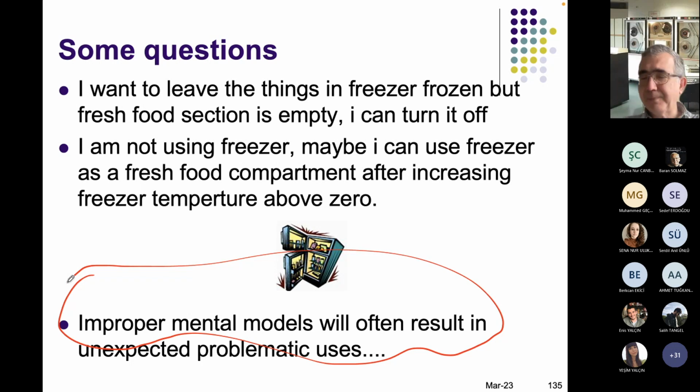They are honest. They are intelligent. But the problem is the interface created a different model. That different model suggests a different way of use. Then people go that way.